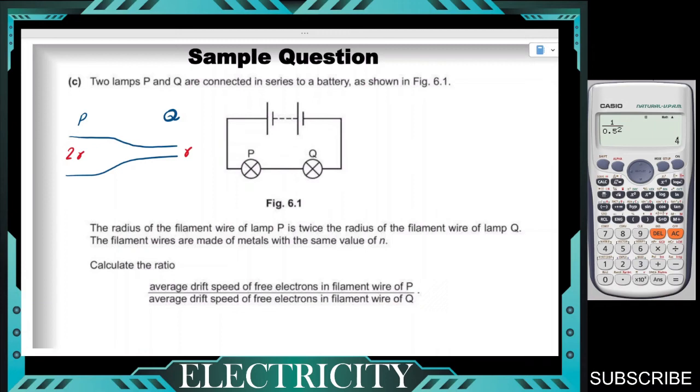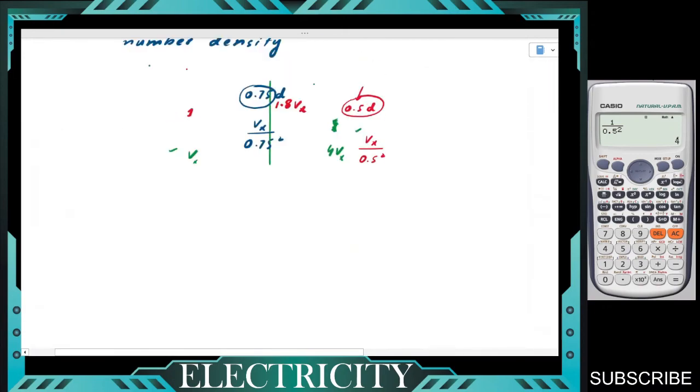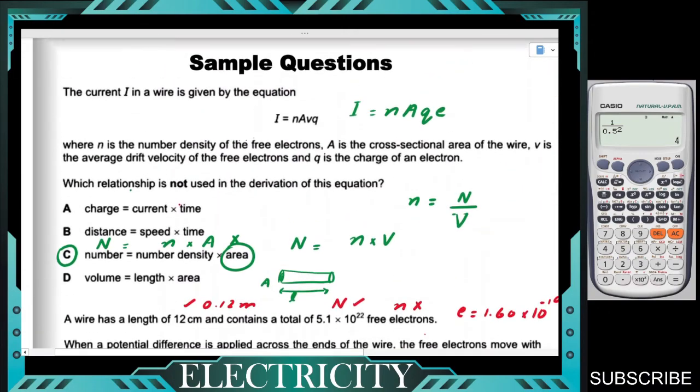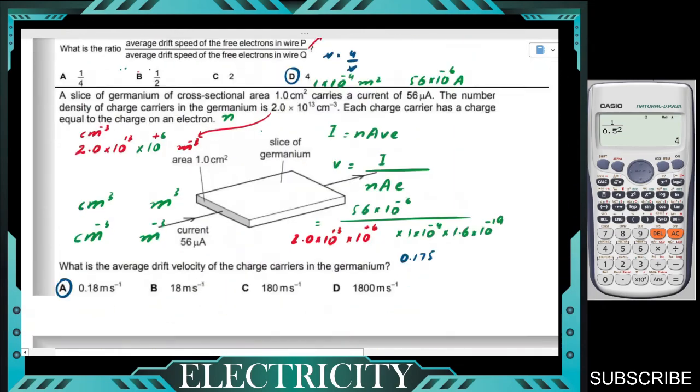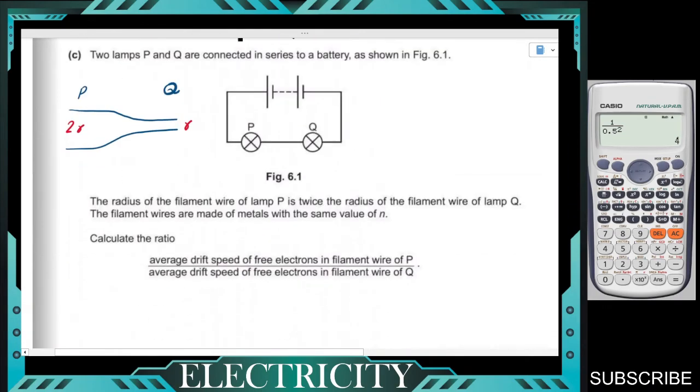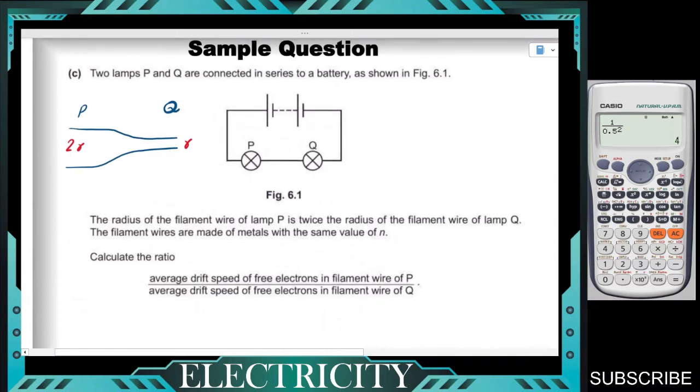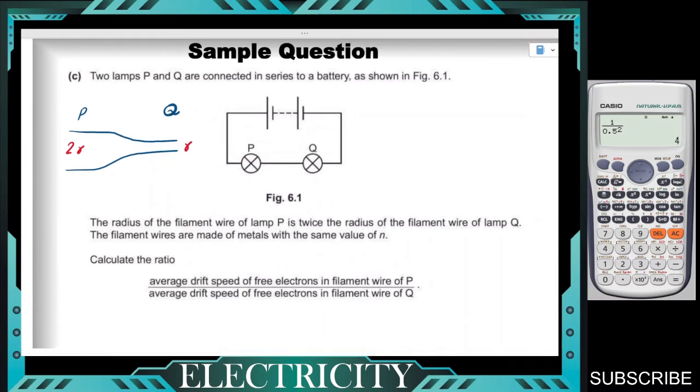Whether it be radius or diameter, the ratio would be exactly the same, like I showed you with the formulas at the start of the lesson. It won't make any difference. You have to take the ratio of the squares of the radius. That's the rule of thumb.